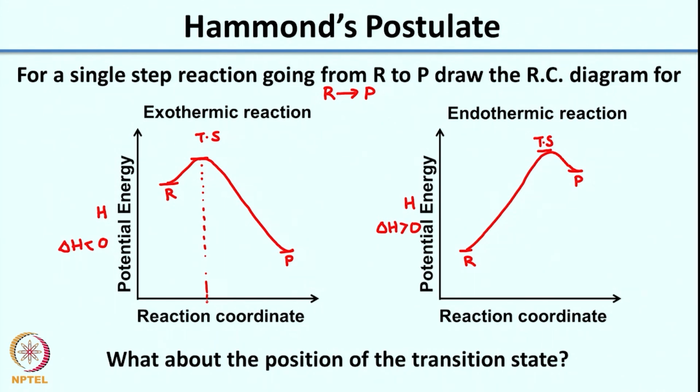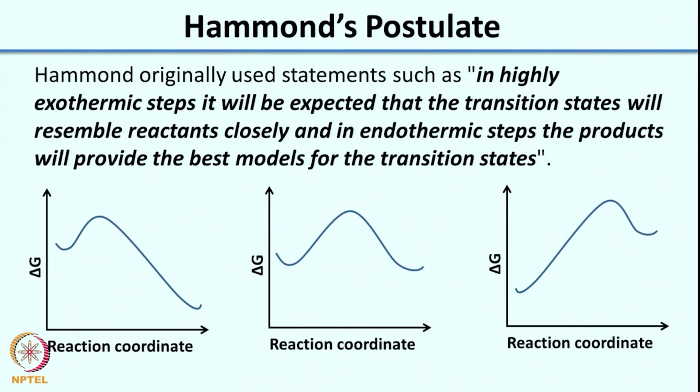In one case it is closer to R, in the other case it is closer to P. So, this is another definition of the Hammond postulate.